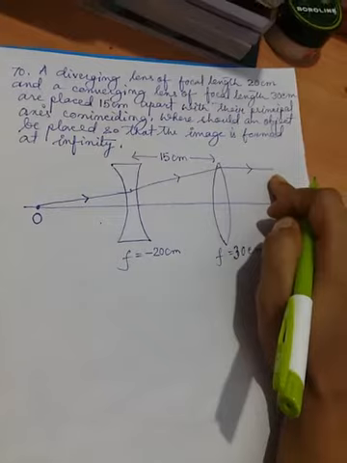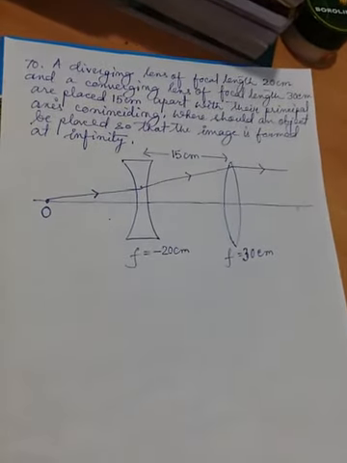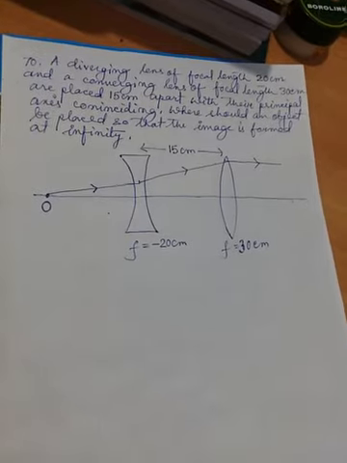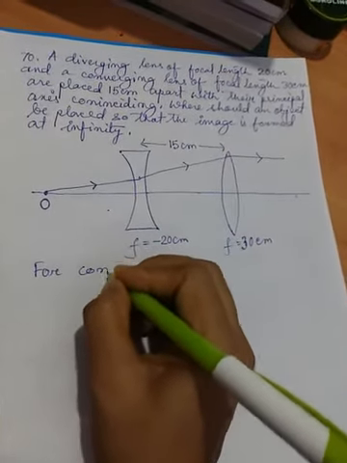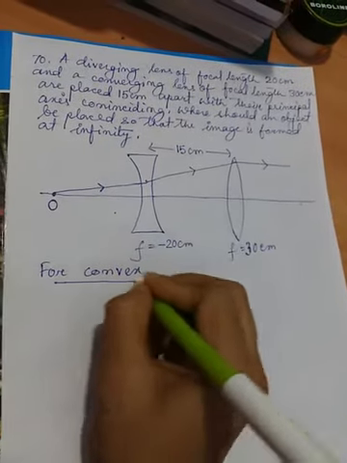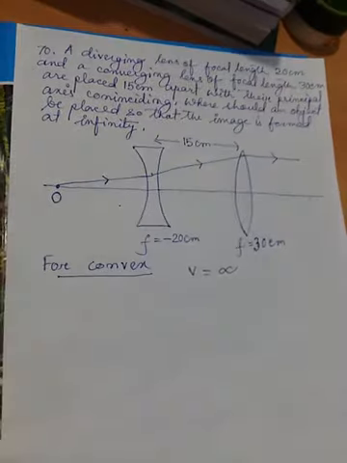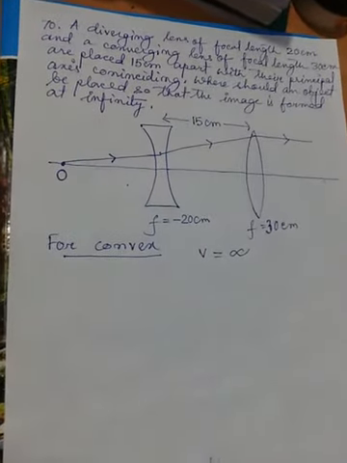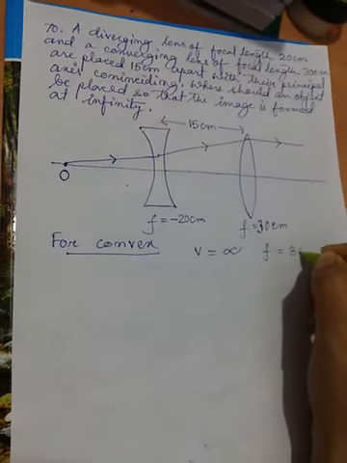So, we have two pieces of information related to your convex lens. One is the image distance. For convex, the image distance is infinity, as the final image is formed at infinity. Focal length is 30 centimeter.